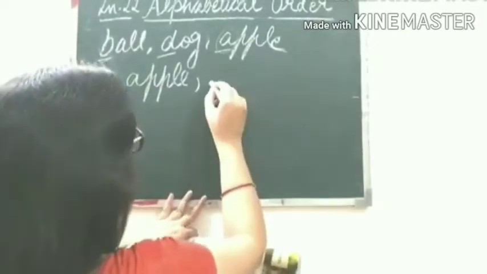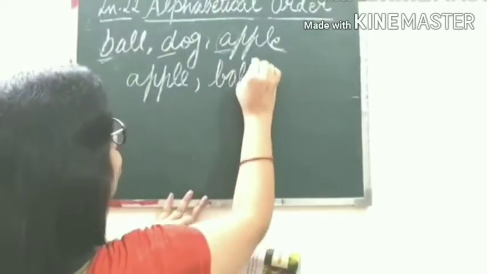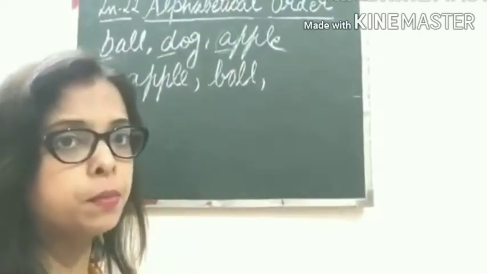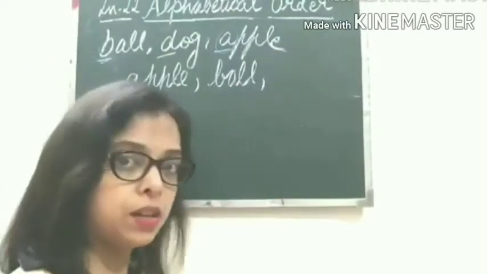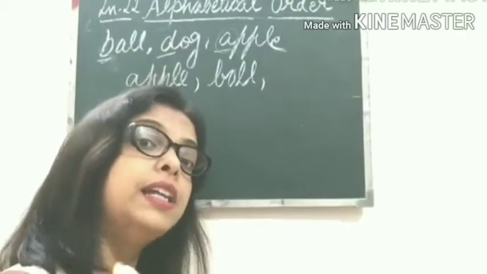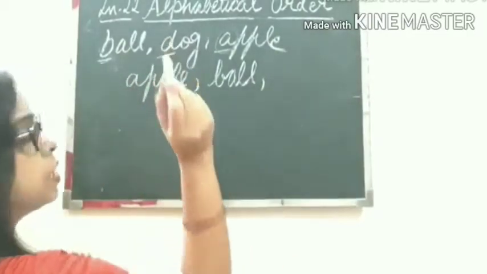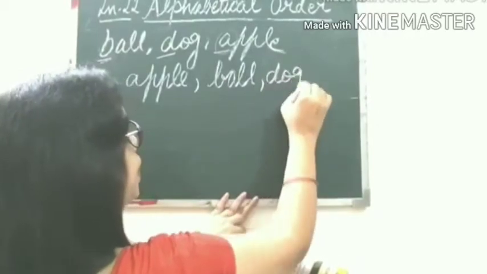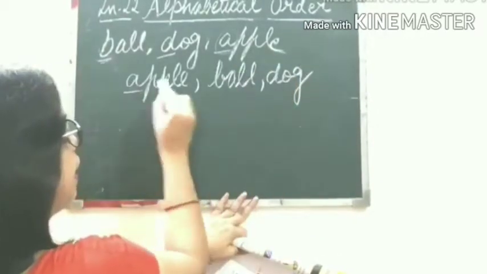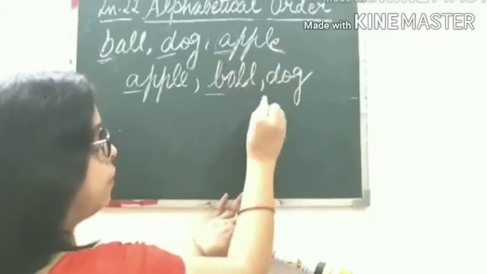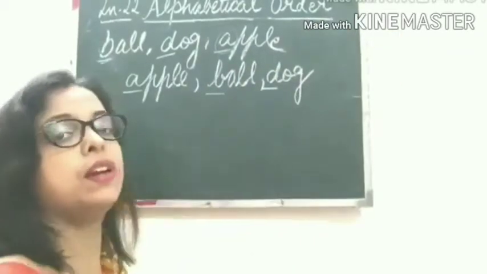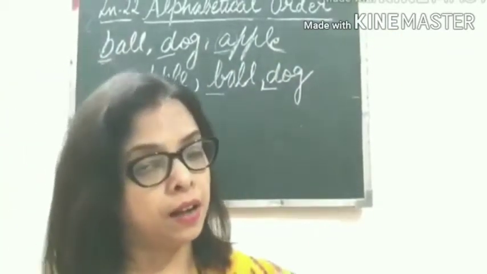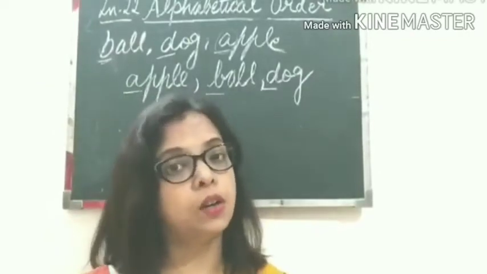So the next word will be ball. After that C comes, but here we don't have any words starting with C. After that D comes. So here we have the word dog. It's starting with D. So the next word will be dog. See, A, B, C we don't have, D.